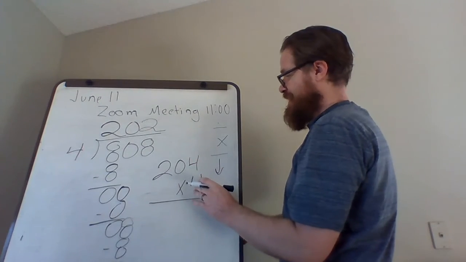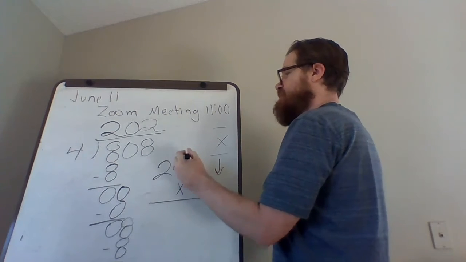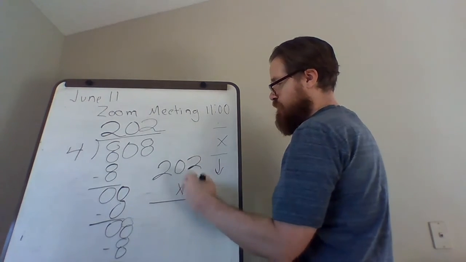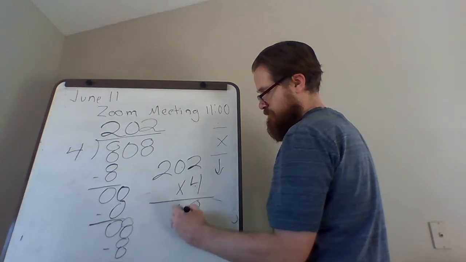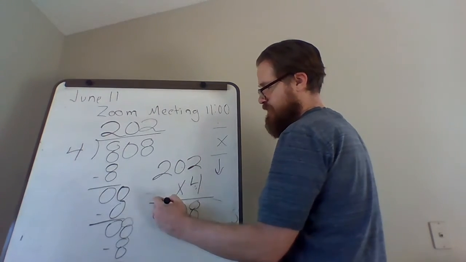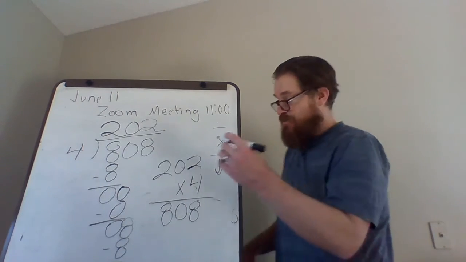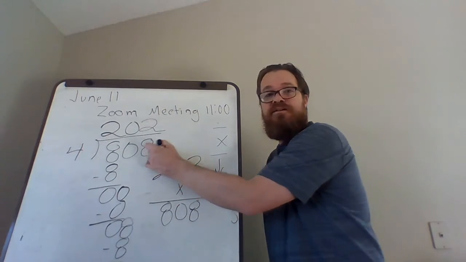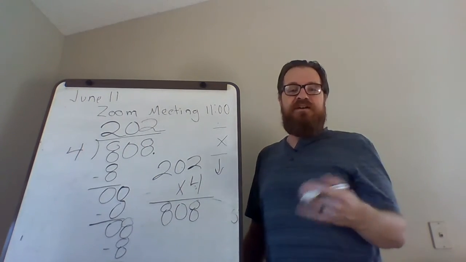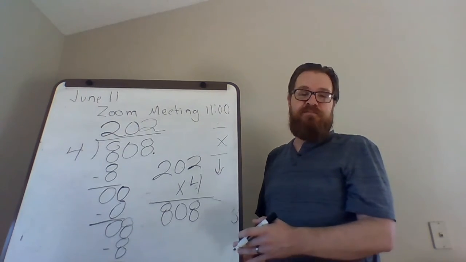Oops, I'm sorry, this should have been 202. I was looking at that and thought, wait, that's not right. 4 times 2 is 8. 4 times 0 is 0. 4 times 2 is 8. So what I can see is I have the same number here as I do here. That means that I'm right. Because there was no remainder, there was nothing to add on that time.